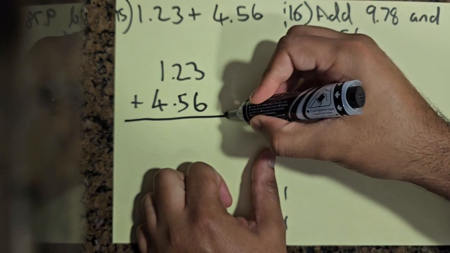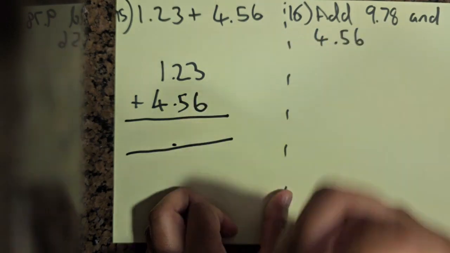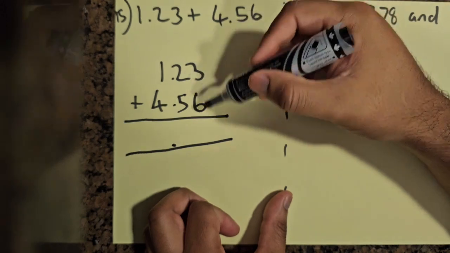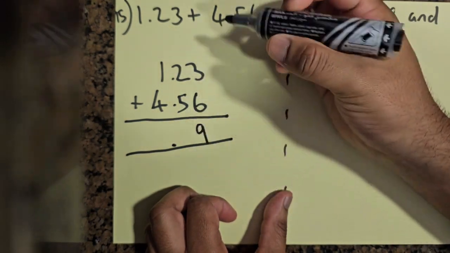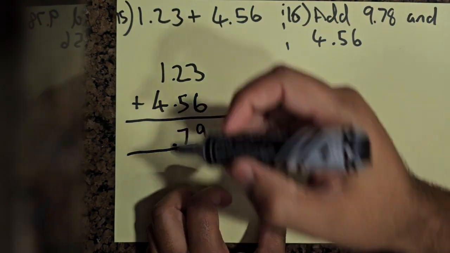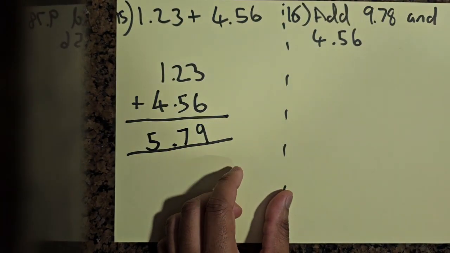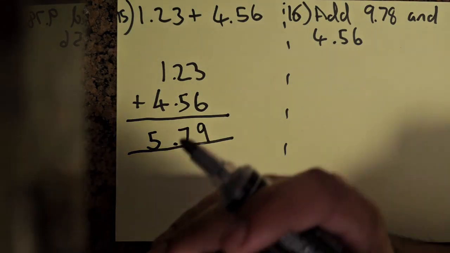And then I'm going to make a line for my answer, and in here as well I need to make sure that I have the decimal point directly under, and then we just add as normal. So 2 plus 3 plus 6 gives us 9, 2 plus 5 gives us 7, decimal point is already there. 1 plus 4 is equal to 5. So 5.79. Pretty straightforward.